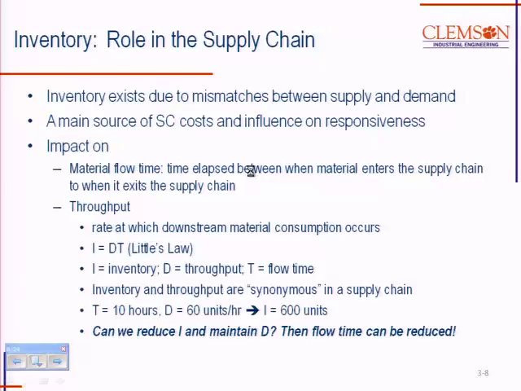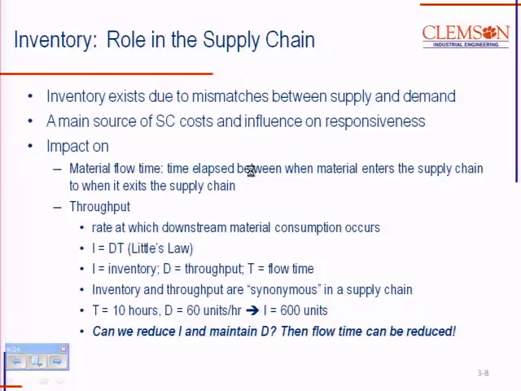So as just a simple example, if our flow time is 10 hours currently, and the throughput that we're getting out of this supply chain piece is 60 units per hour, it implies that we'll have 600 units of inventory in the steady state. That can vary, of course, over time, but if you look at the long-run average, we would have 600 units of inventory.